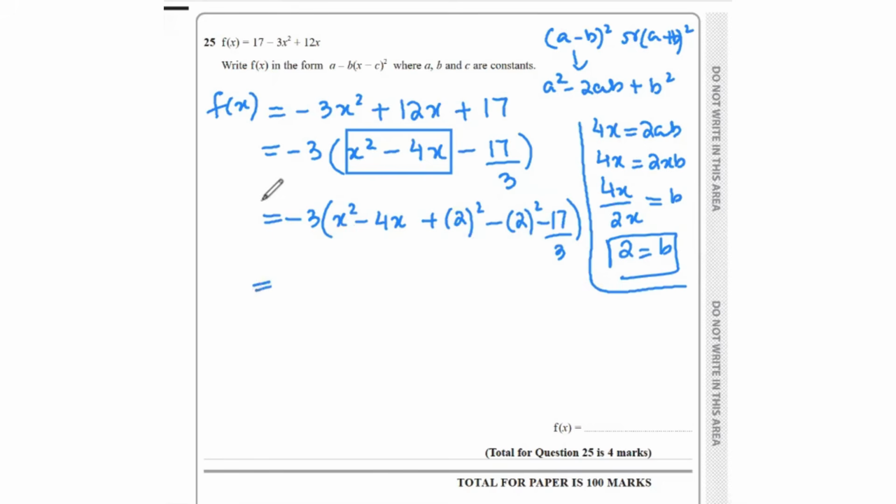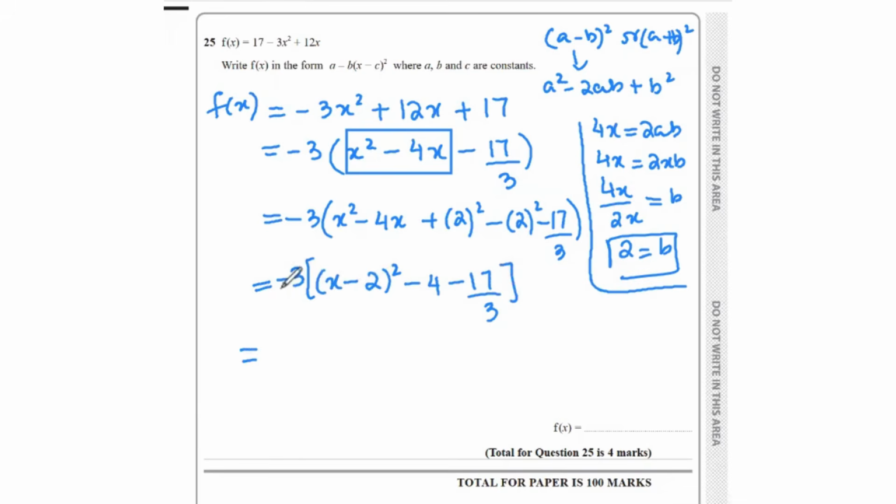So it's going to be negative 3 bracket x squared minus 4x plus 2 squared. Now this x squared minus 4x is complete. It's a complete square now. So we can rewrite it as x minus 2 whole square. And then we have minus 4 minus 17 over 3 outside this bracket.